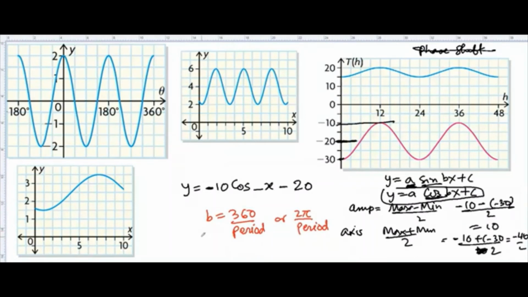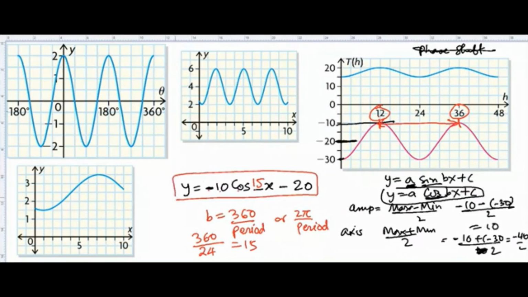So 360 divided by period. So the period should be the distance between this and this. 36 minus 12 is 24. So 360 divided by 24 is 15. So y equal to minus 10 cos 15x minus 20 is the equation.